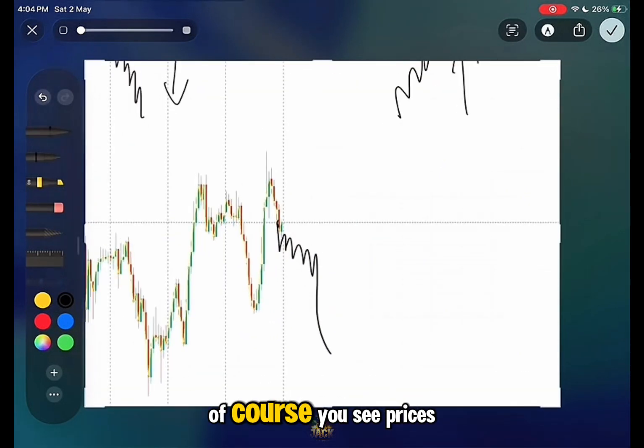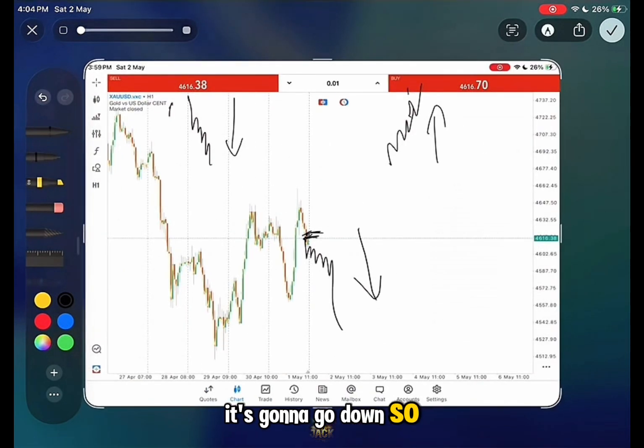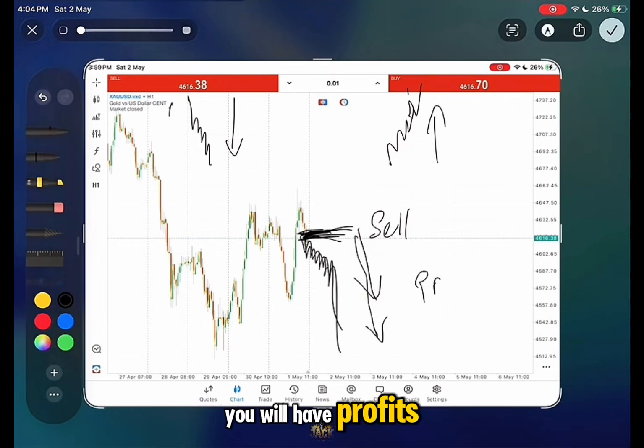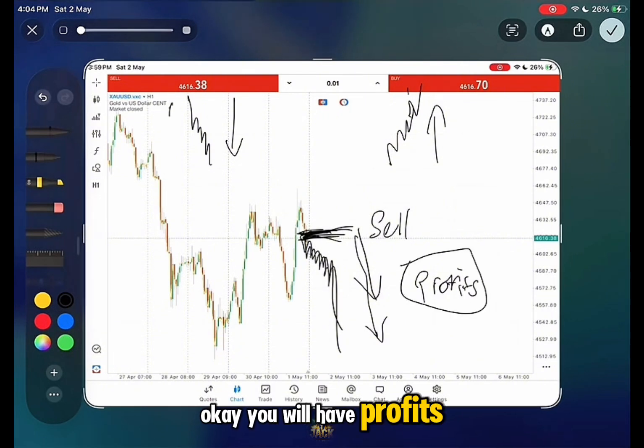You see prices here. Let's say you know after this point, price is going to dump. It's going to go down. So what do you do? You press sell here. You sell here and then price will move. Once price goes in the intended direction that you want, you will have profits.